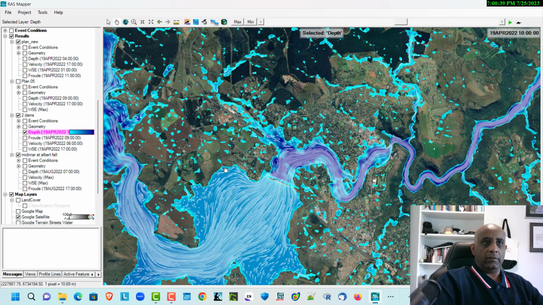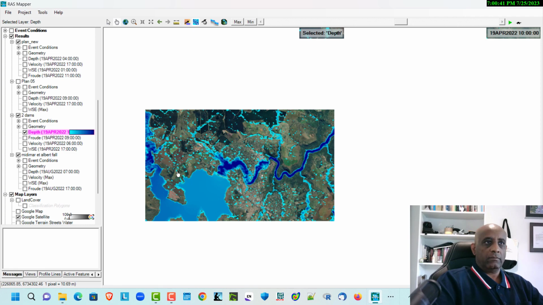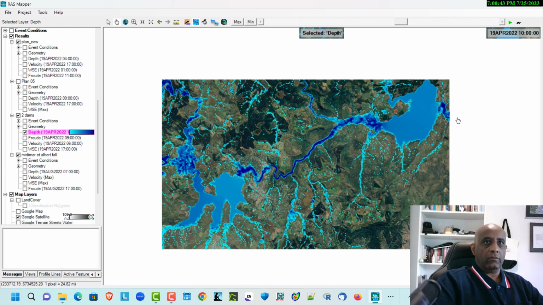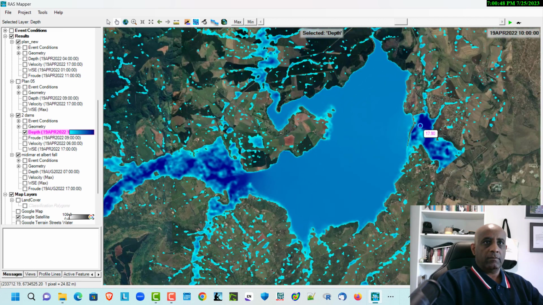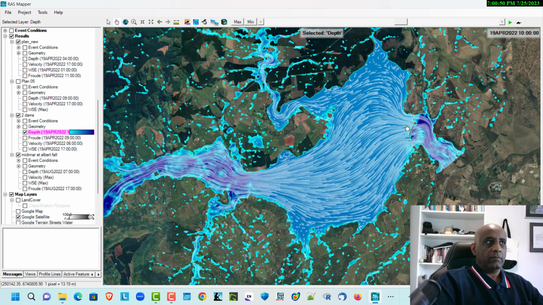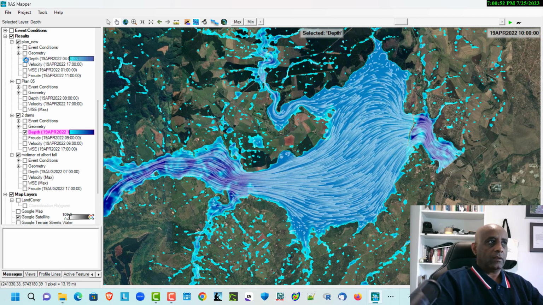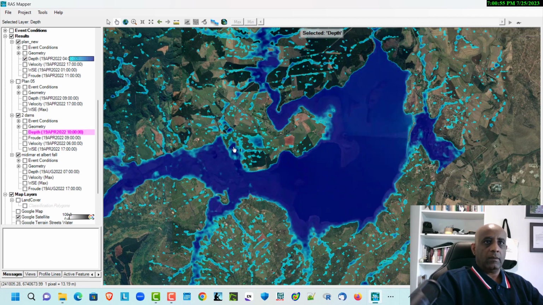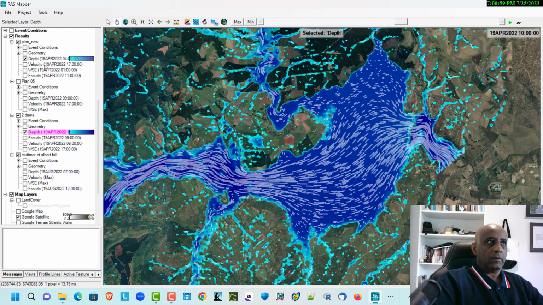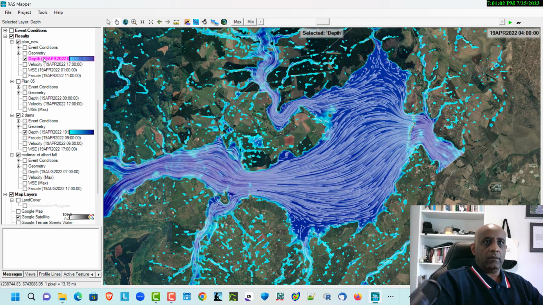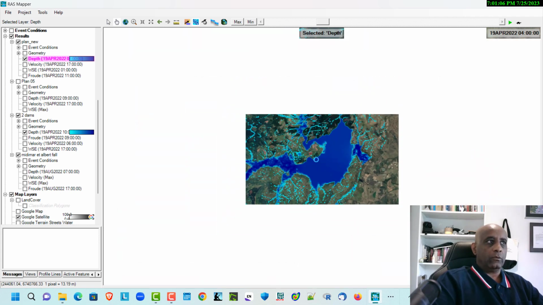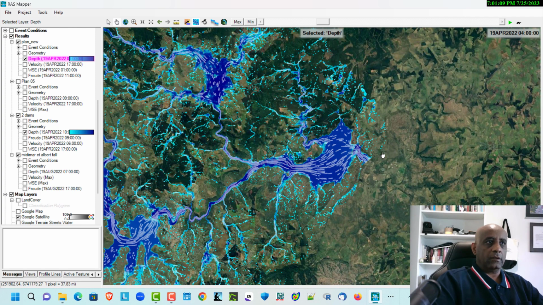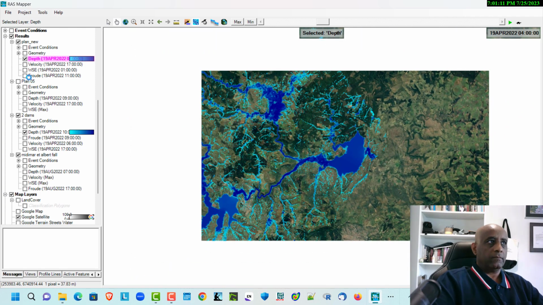You see, a little bit reduced. Here also, we can see similar. So that is it. Now to the Froude number. Let us see the Froude number.